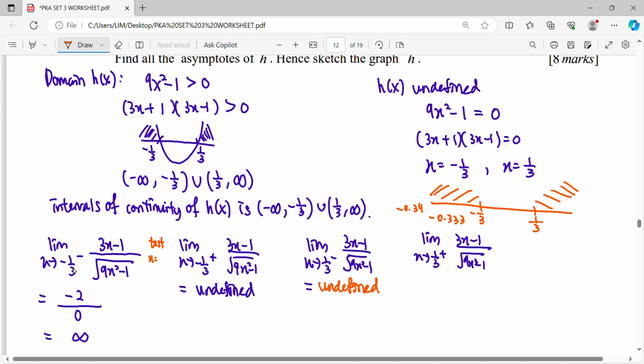Test value -0.34. What happened to this? Approaches 0 positively or negatively? Just press in your calculator for this 9x squared minus 1. You want to see this 0 point something is positive or negative? Positive. Is it?